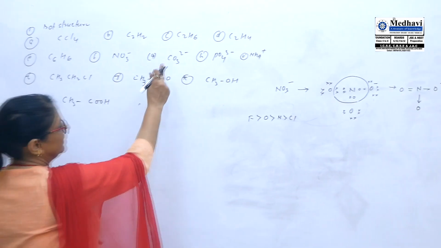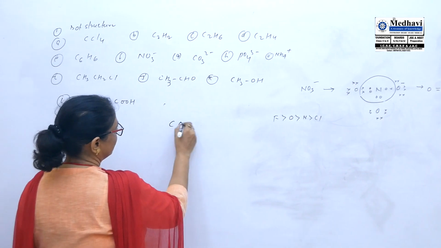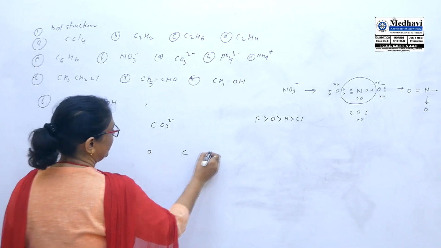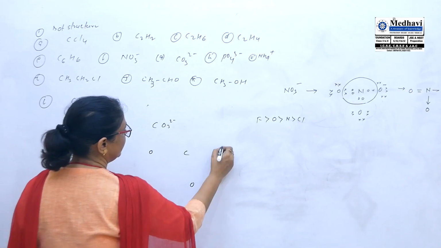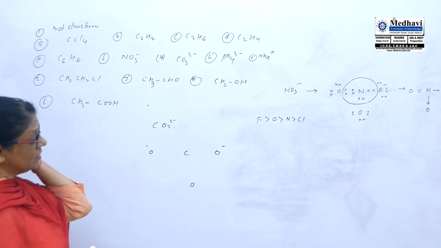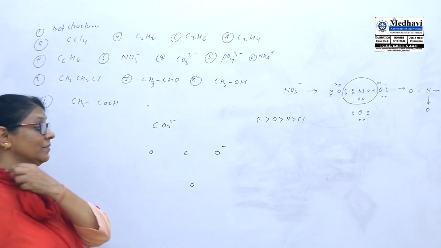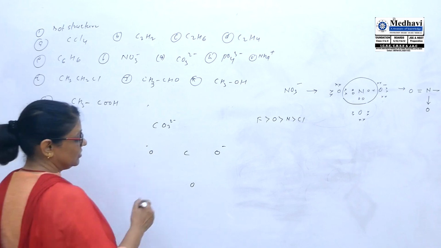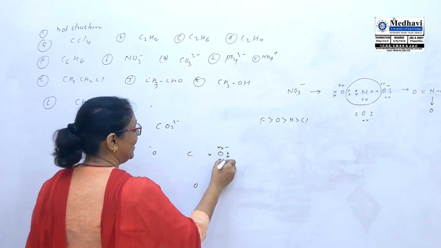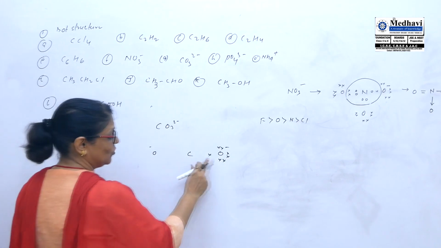For carbonate, there are 2 negative charges. So out of 3 oxygens, 2 oxygens will develop a minus charge because oxygen is more electronegative than carbon. So it has 7 electrons. The unpaired electron will always be present between 2 atoms.